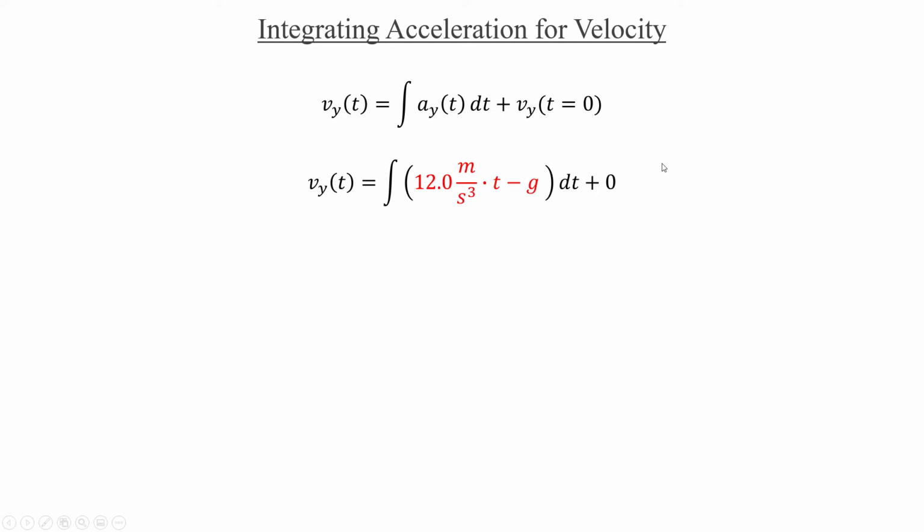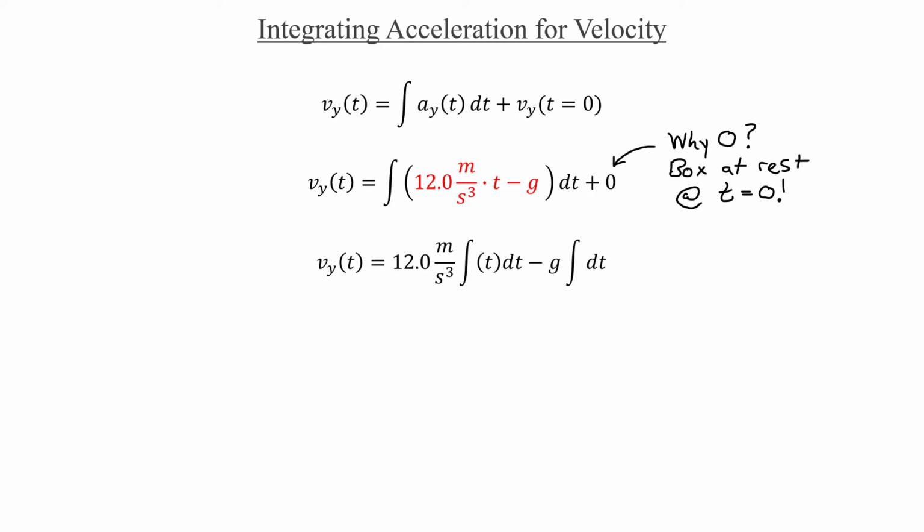And in case you may be wondering, hey, why is this 0? Well, the box is at rest. It can't have an initial velocity if it isn't moving, and it's at rest. So with that in mind, let's go ahead and simplify this integral a little bit rather than jumping in all at once. And we'll separate it into two integrals and factor out the constants.